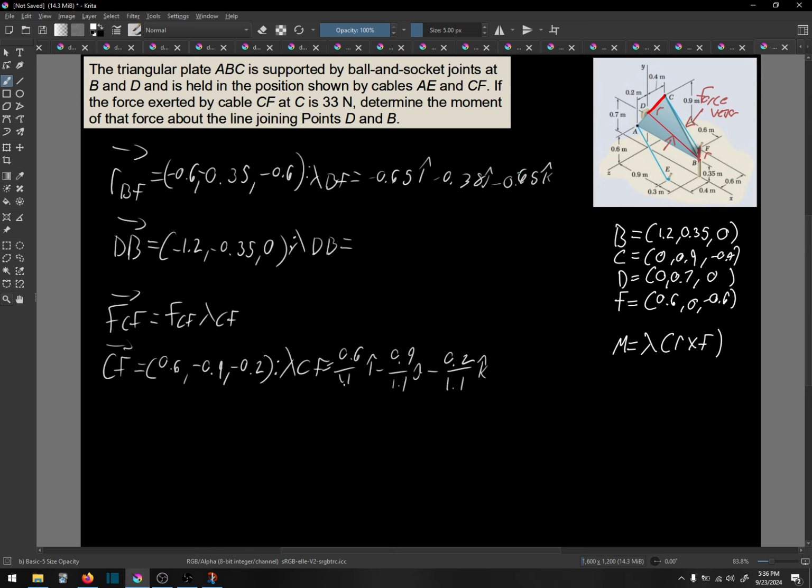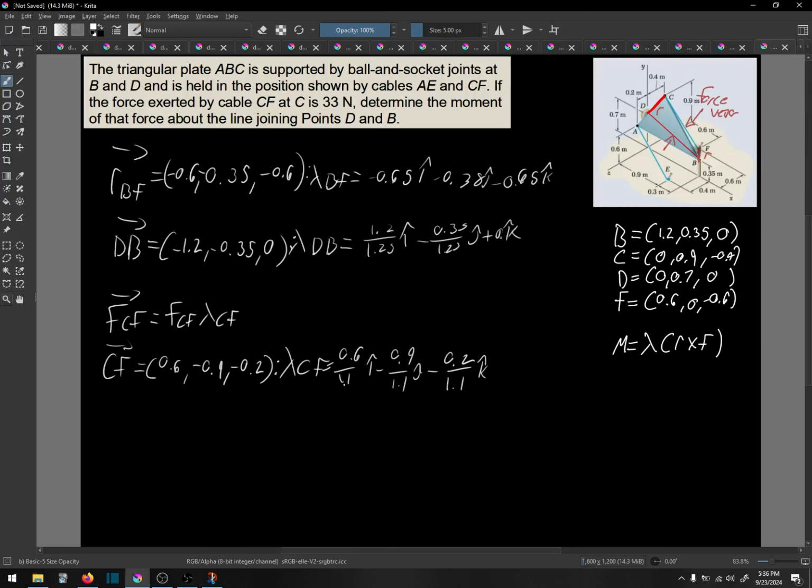Okay. And then lambda DB is 1.2 over 1.25 I hat minus 0.35 over 1.25 J hat plus 0 K hat.